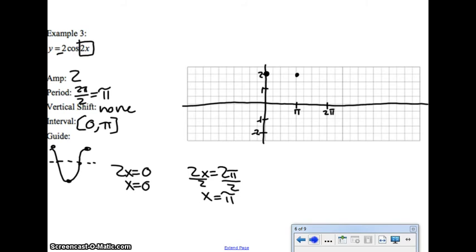All right, and halfway in between there, I would be at my min. And then at those halfway points at 0. All right, so we would continue the pattern for the rest of our grid.